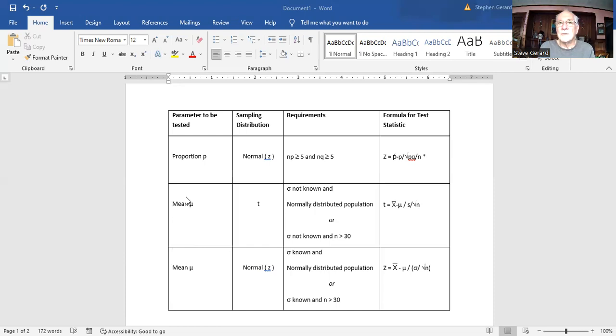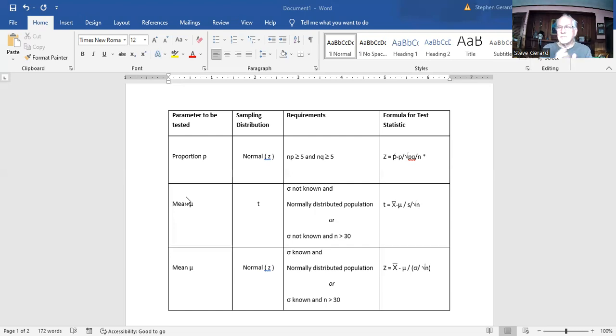If I say to you, in fact, we're going to talk later about the sand dollar problem. If I start off with sand dollars and I said, I collected 10 sand dollars and 4 of them had a purplish tint to them. What you got here is a proportion. 4 out of 10 have a purplish tint to them.